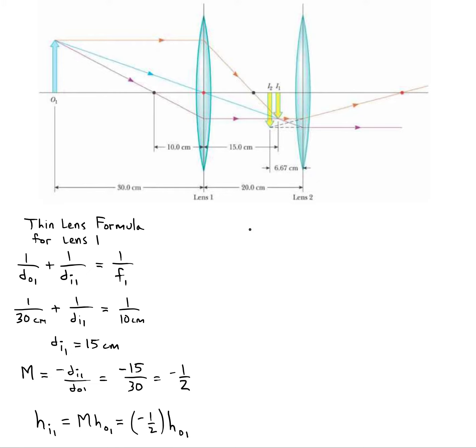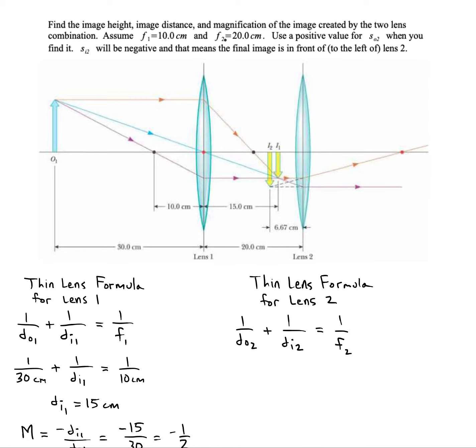Now we want to do another calculation: the thin lens formula for lens 2. It's going to be 1 over dO2 plus 1 over di2 equals 1 over f2. They say that lens 2 has a focal length of 20 centimeters.